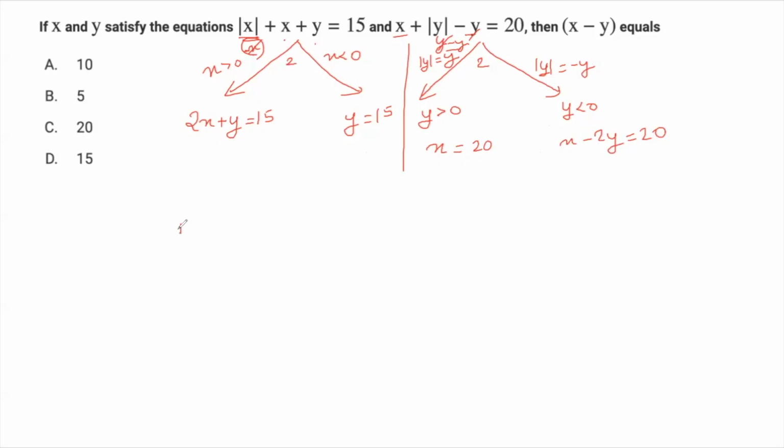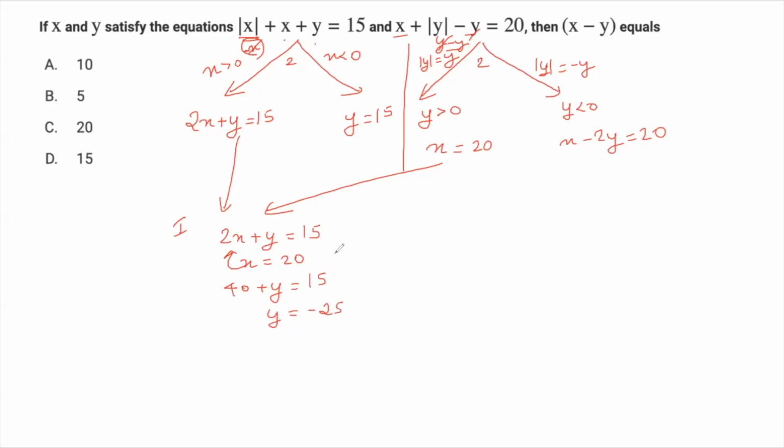The first possibility is by combining these two, x is greater than 0 and y is greater than 0. In that case, we have 2x + y equals 15 and we also have x equals 20. So we'll substitute x equals 20 in the first equation. 2 into 20 would give me 40 + y is equal to 15. So y would be equal to 15 minus 40, minus 25.